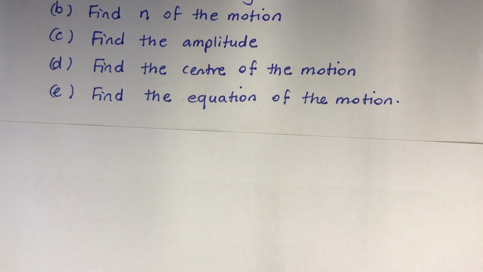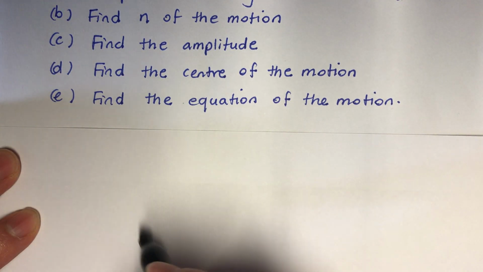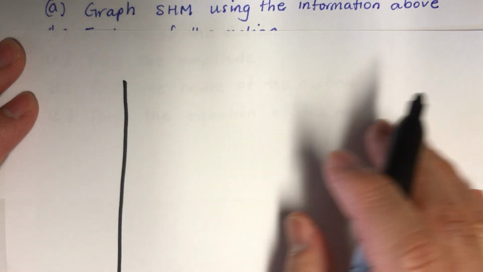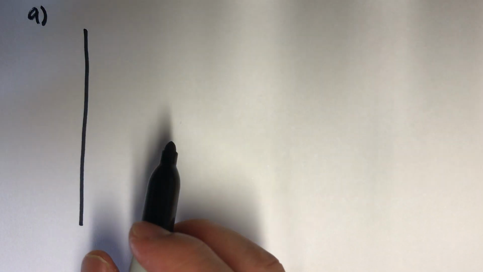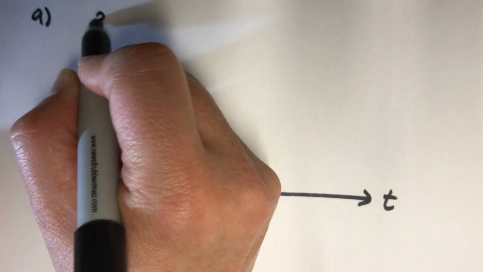So let's do the graph. We're going to do some graph here. I'm going to put this away, and then I'm going to do this A. So the graph will be, that's my t, that's my x.